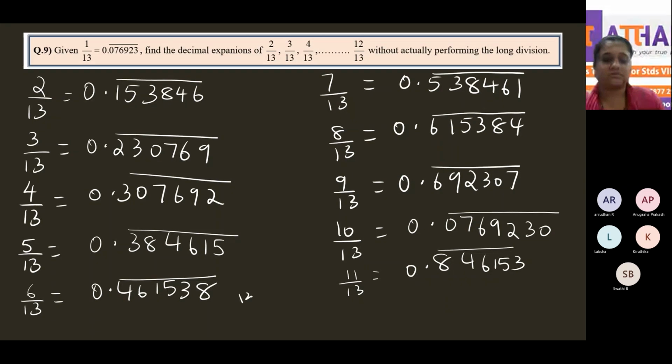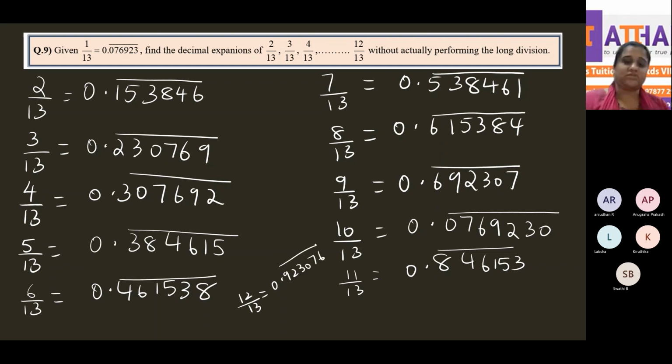I think I wasn't audible on the first because I was saying the answer. You were not. Now you're audible. Yes, Swati, tell me 12 by 13. 0.923076 recurring. Perfect. Very good.